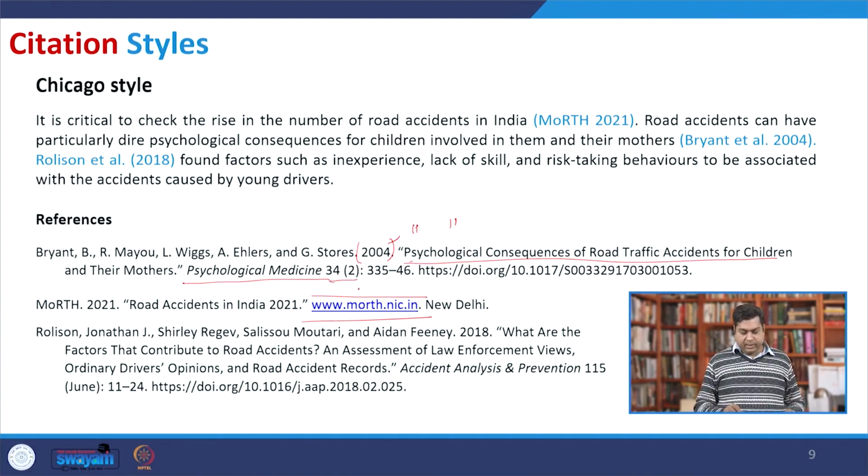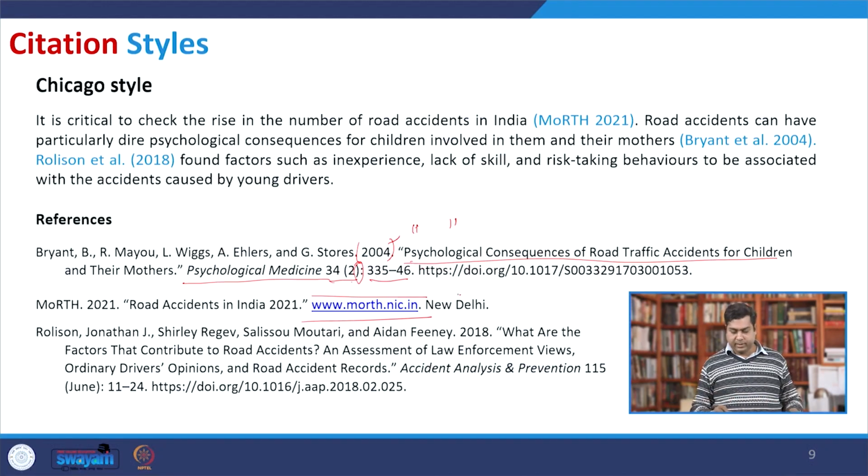In this case you see that there is no comma, so you have the 34 and then the second issue, and then, interestingly, you have a colon, and then you have 335 to 46. You might say that in this particular case there is a mistake, but it is written in a continuous way. So, it is 335 to 346.